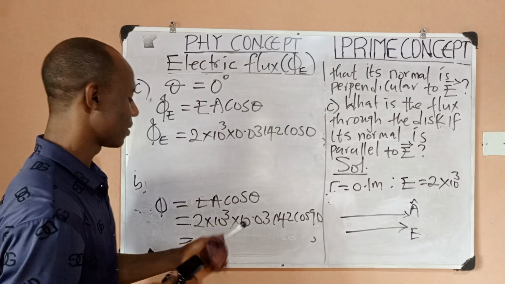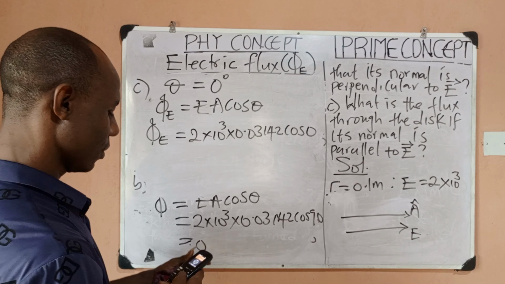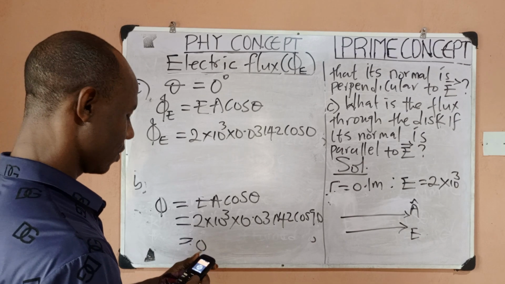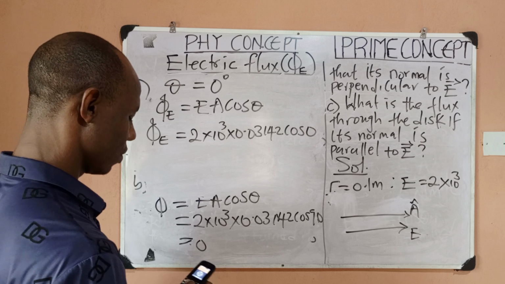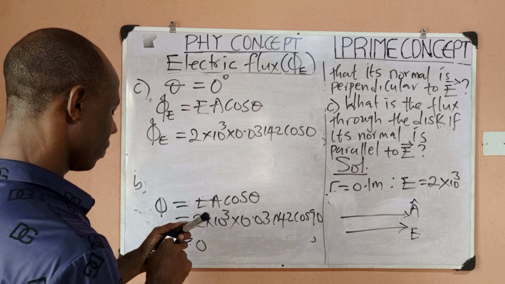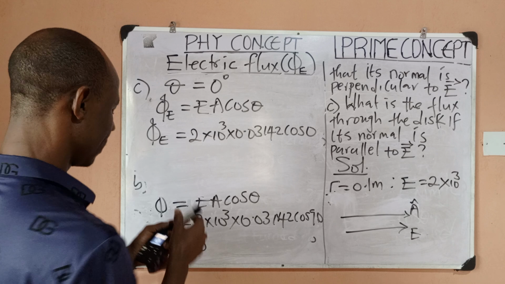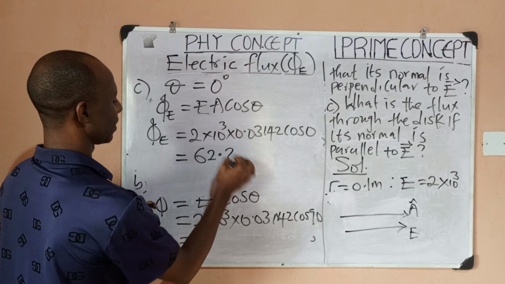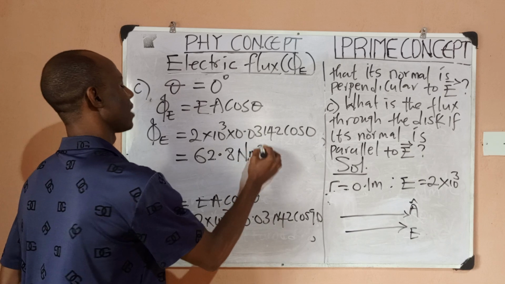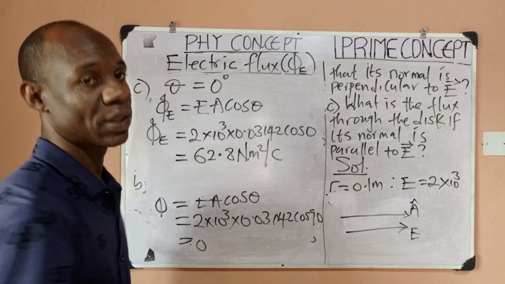Let me quickly do that. 0.03142 times 2 times 10 cubed is going to be 62.8 Newton meter square per coulomb. So this is what I would have as a flux.